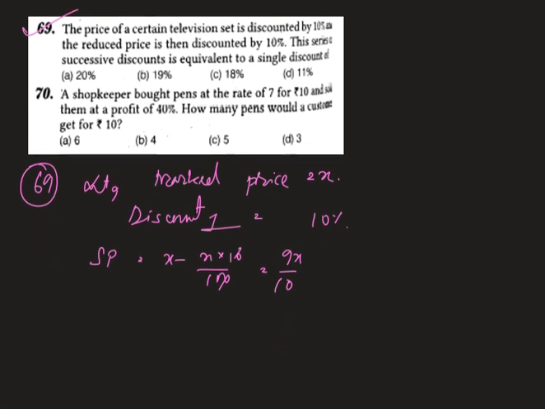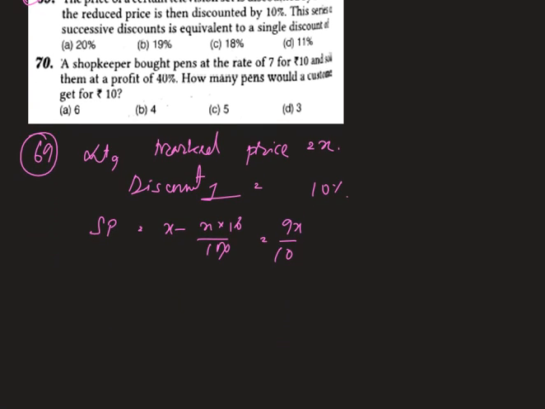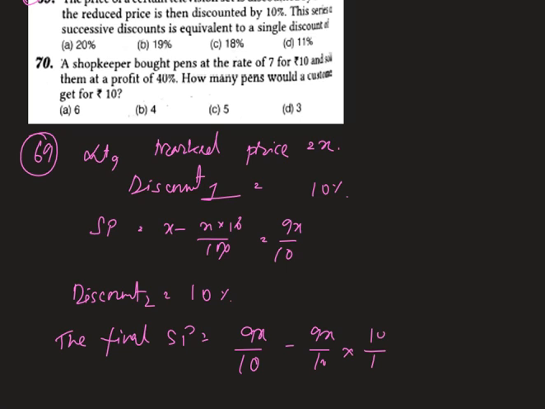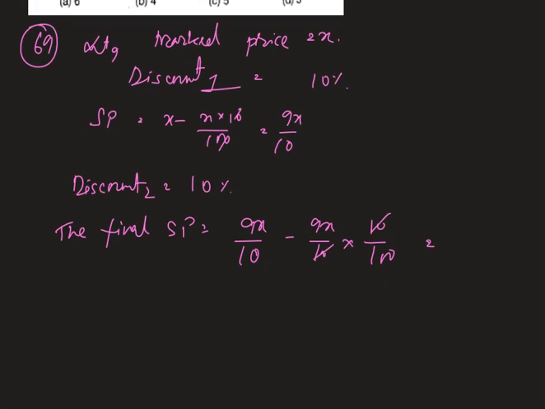Then on this selling price, the shopkeeper gives another discount of 10%. So the final selling price is 9x by 10 minus 9x by 10 into 10%, and this is nothing but 81x by 100.